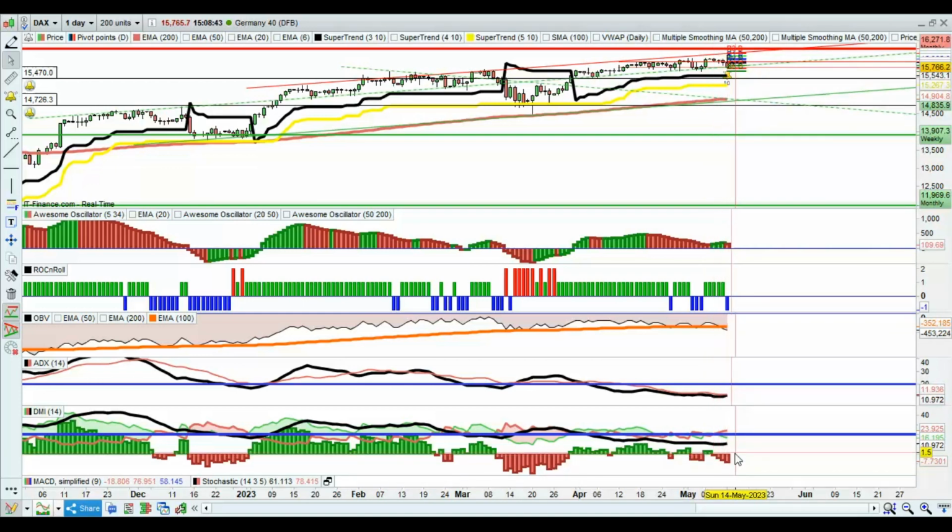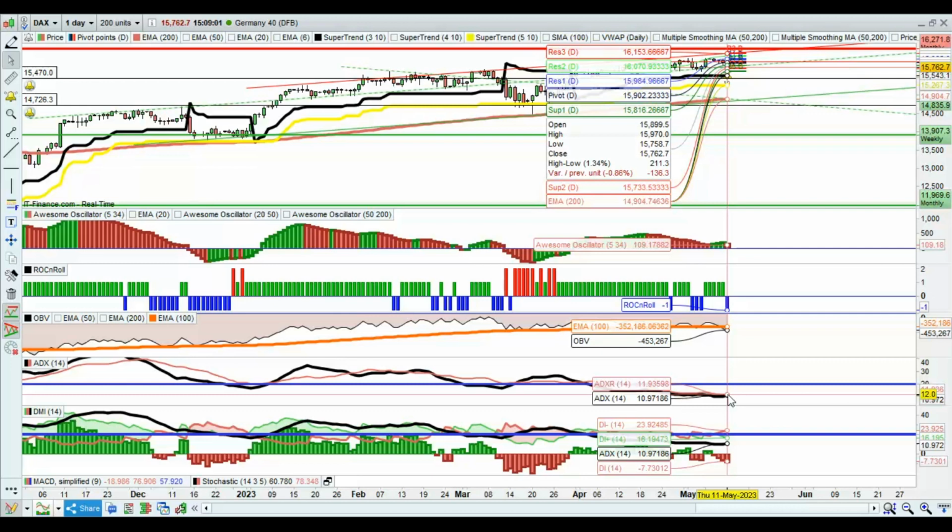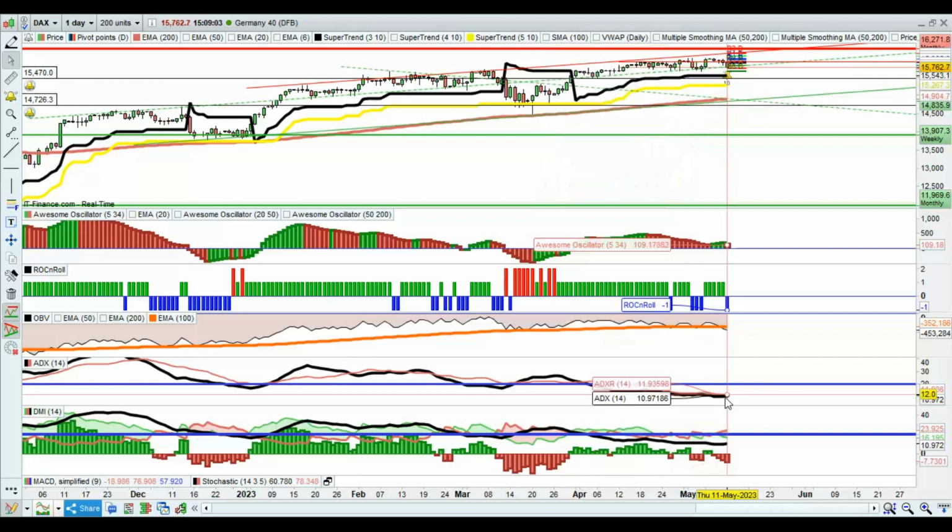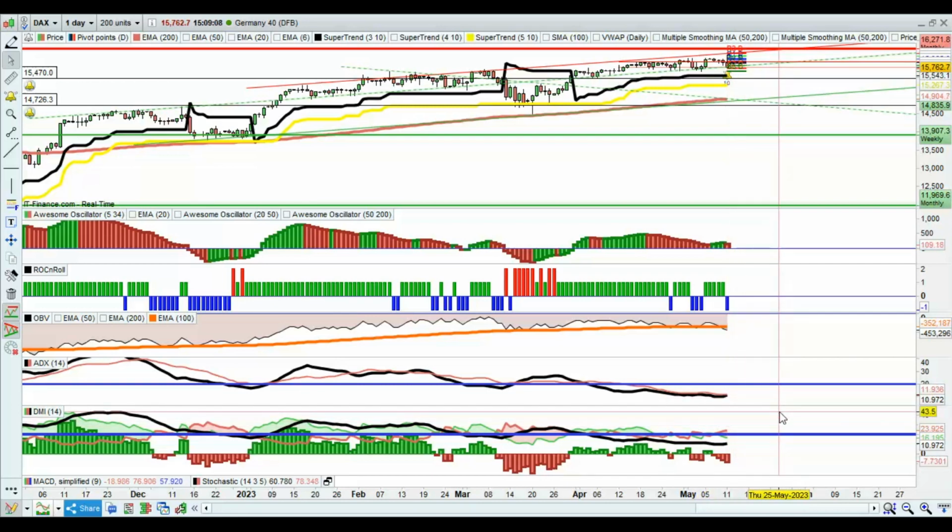So this is a real indication that the market is just starting to fall a little bit. Again, we could still see a bit of a rally, but at the moment there's not that much strength at all, and that's why this ADX number is at 10.97 there. So something certainly to watch out for.